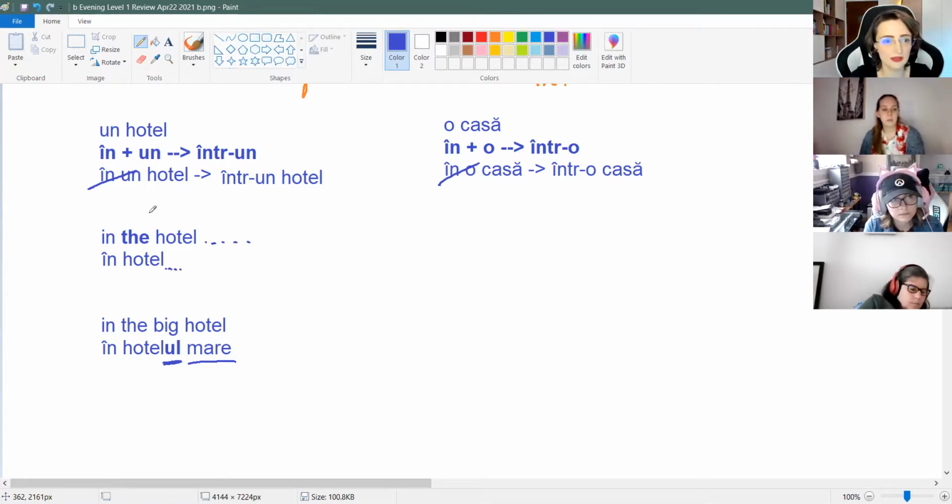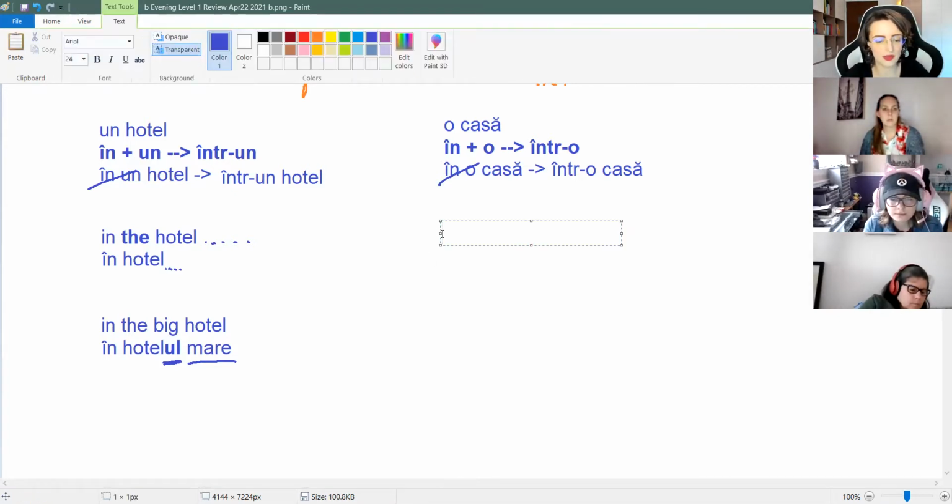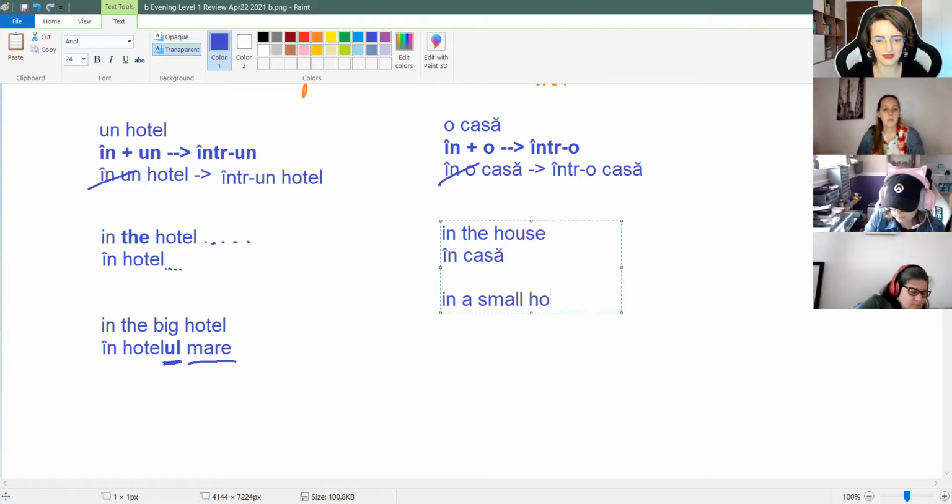And similarly, how would you say in the house? That sounds like a hip hop song again, from the 90s probably. În casă. Yeah. And in the small house, mică is small.